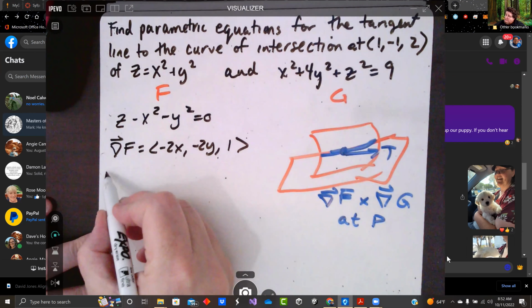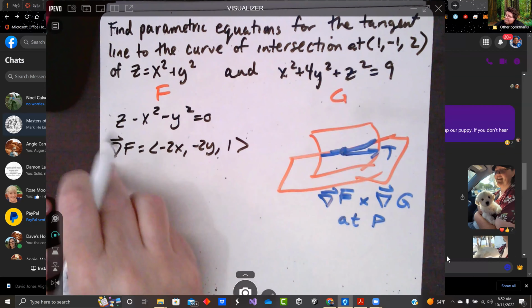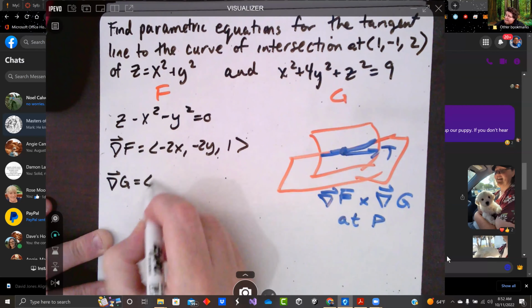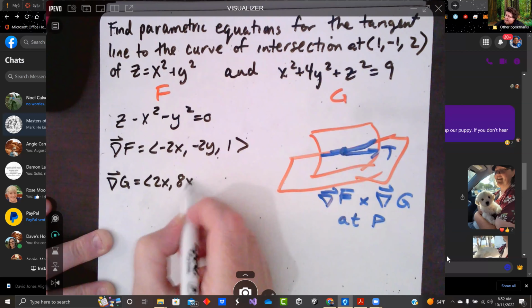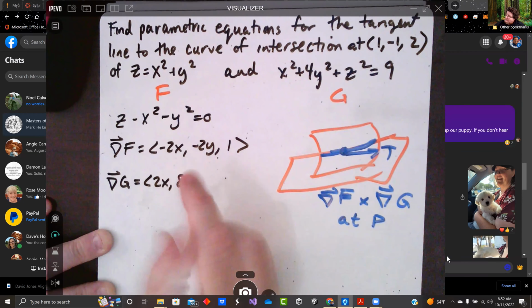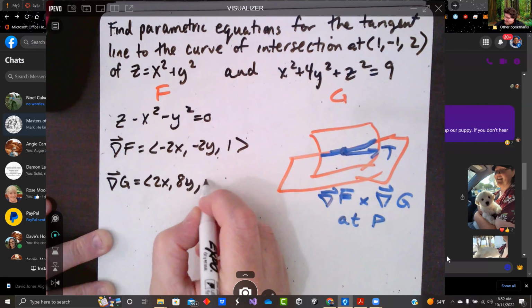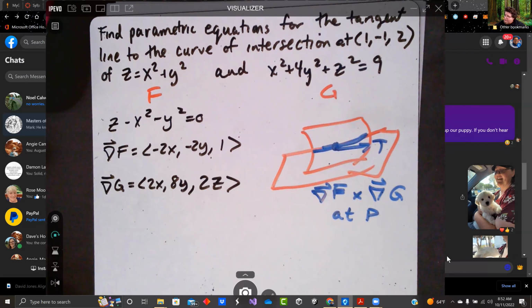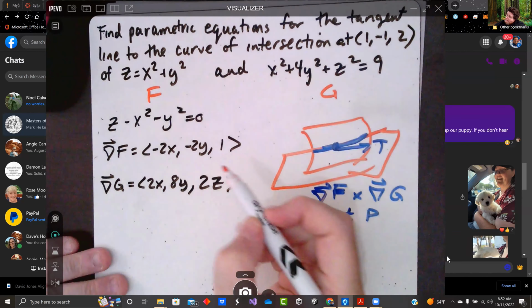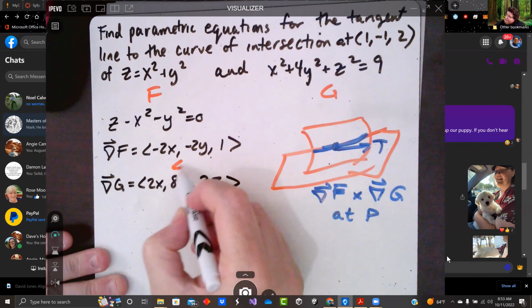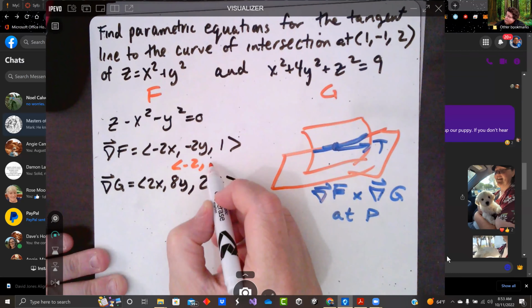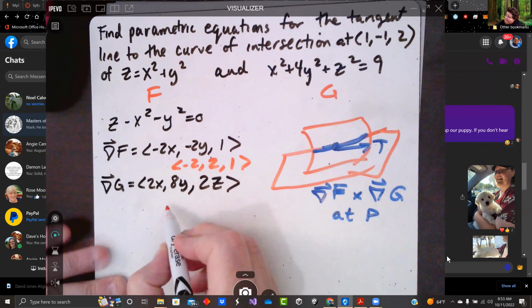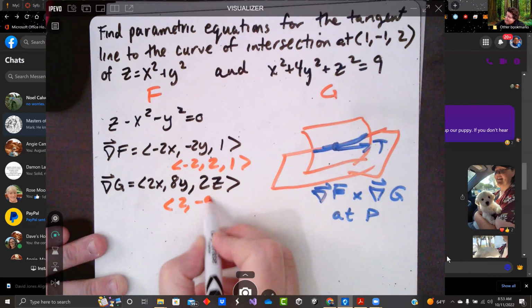The gradient of g, maybe I'll give myself a little bit of space, is 2x, 8y, and 2z. And so if we evaluate those at those points, we have negative 2, 2, 1. And I've got 2, negative 8, 4.